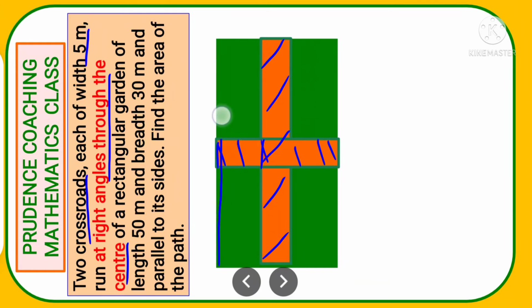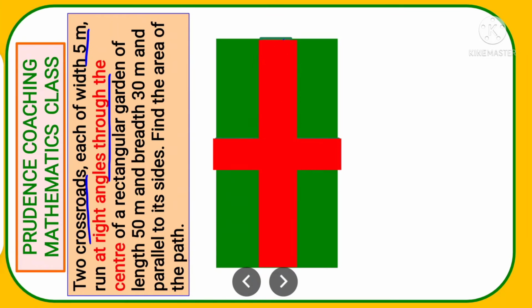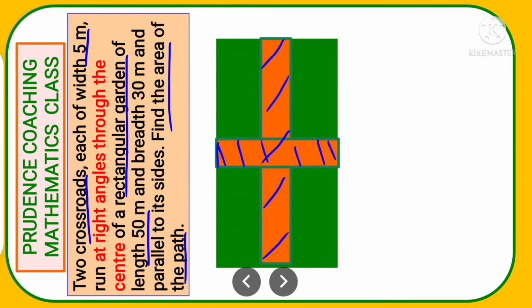This is the garden, and through the center of the garden the crossroad is running. You are asked to find the area of the path when the rectangular garden has length 50 meter, and the breadth is 30 meter.